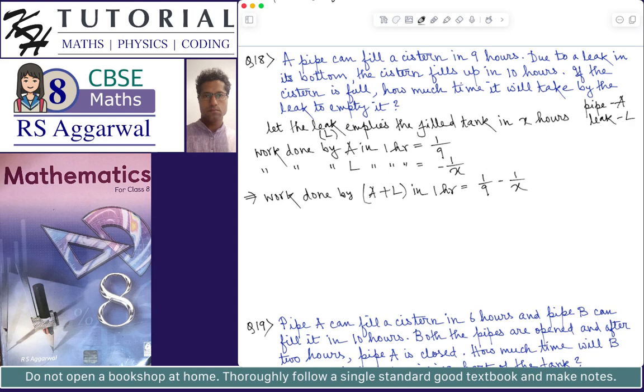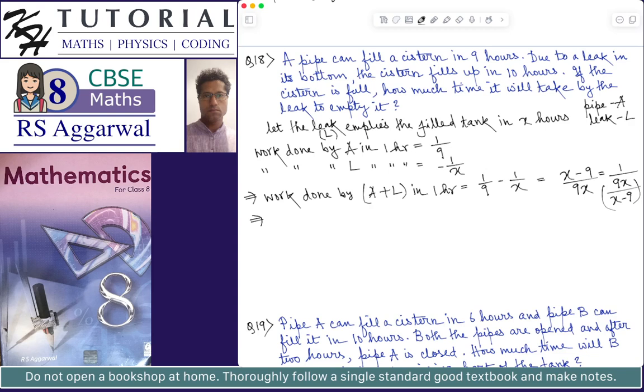Now from this fact, since we know that the work done by the pipe along with the leak in 1 hour is 1 by 9 minus 1 by x, which, if you simplify, is (x minus 9) divided by 9x. So this can be written as 1 by (9x by (x minus 9)).